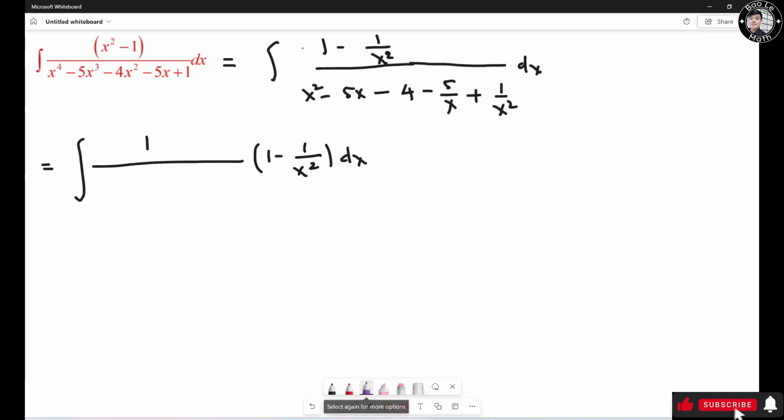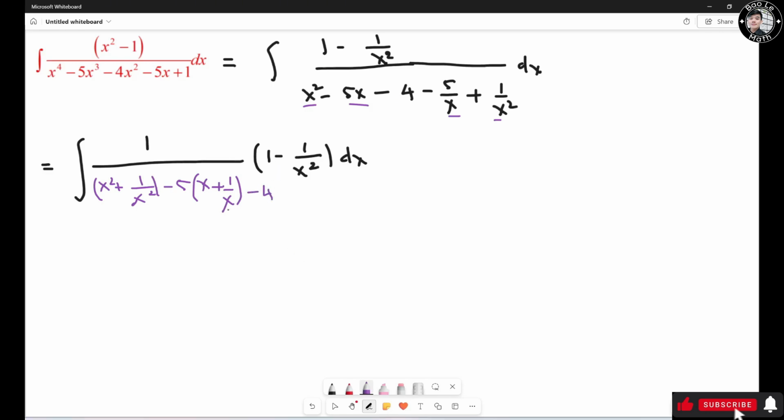Now I'm going to combine this guy and this guy, so it could be s squared plus 1 over s squared. Now this guy and this guy, I combine and factor the negative 5 out, so it could be 5 times s plus 1 over s. Negative 4, I just rewrite.